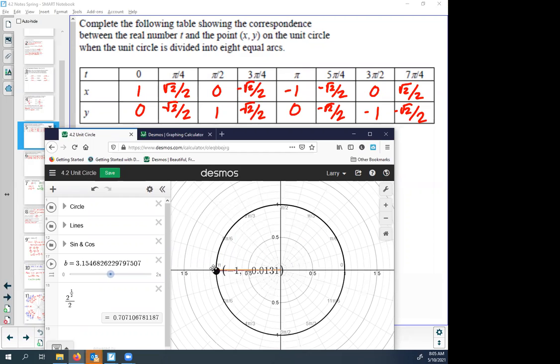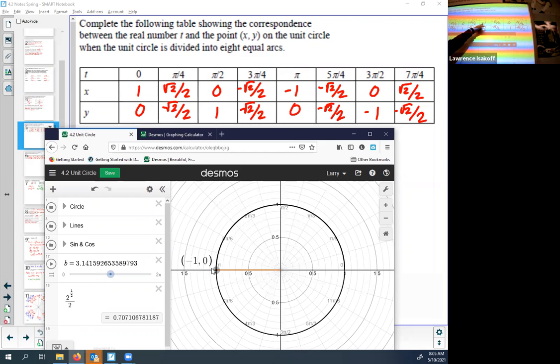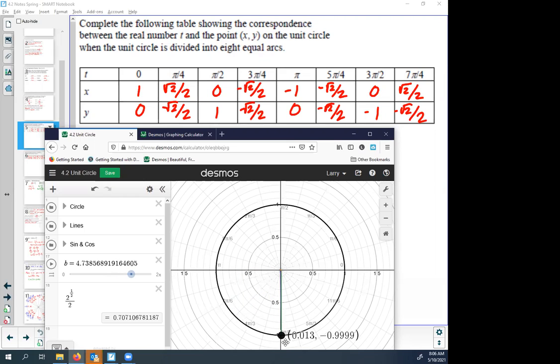Get to here, that's pi radians, -1, 0. 5 pi over 4 should be right around here. It's not liking to snap to that point right away, but again, I'm really close to it. We see both are negative. And again, I can just keep going around here.